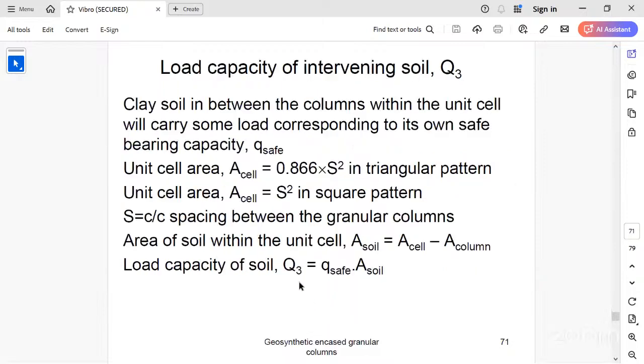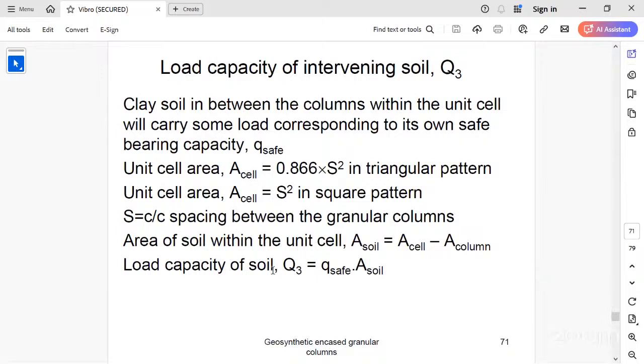And then the load capacity of the soil is the area of the cell minus the area of the column. In triangular pattern, the area of the cell is 0.866 times s square, and in the square pattern, it is only s square.